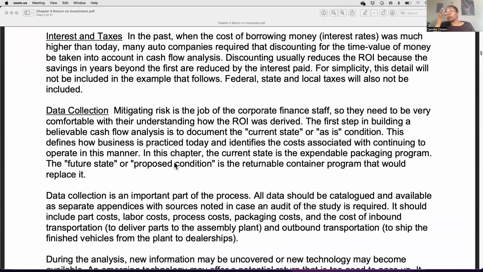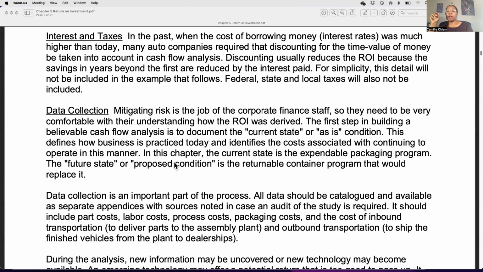Okay, so one of the things that's important is having good information. As I talked about earlier, having a good relationship with your team and keeping track of everything that you purchase, what the cost was, when you bought them, and keeping track with inventories.